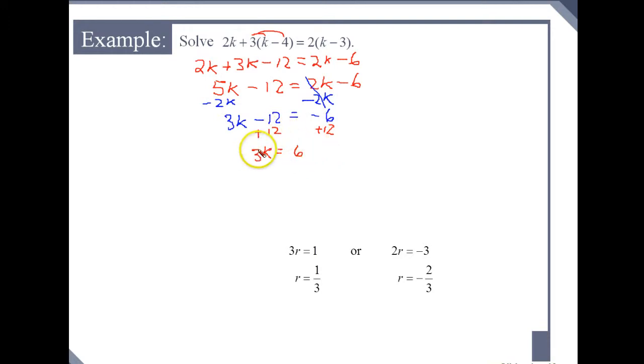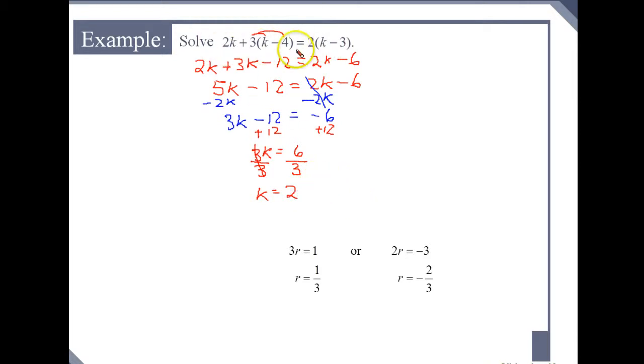Now to get the k by itself, I'm going to divide both sides by the number that's with the k, because this is 3 times k, so I'm going to divide it by 3. Divide this by 3. Now I get a 1k, which I don't write the 1, and I get k equals 2.